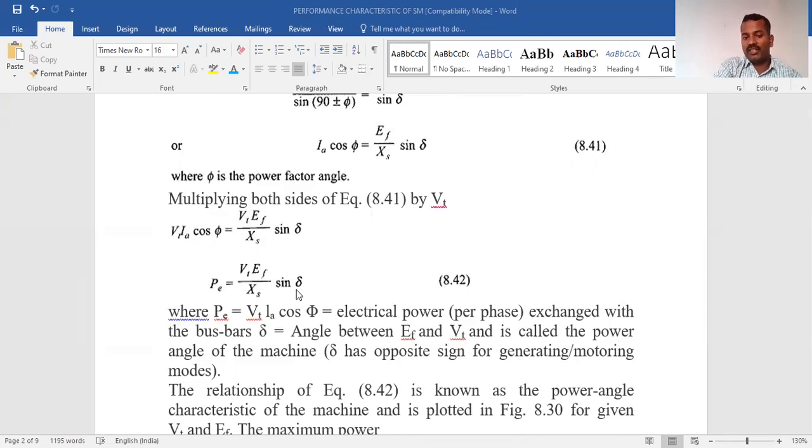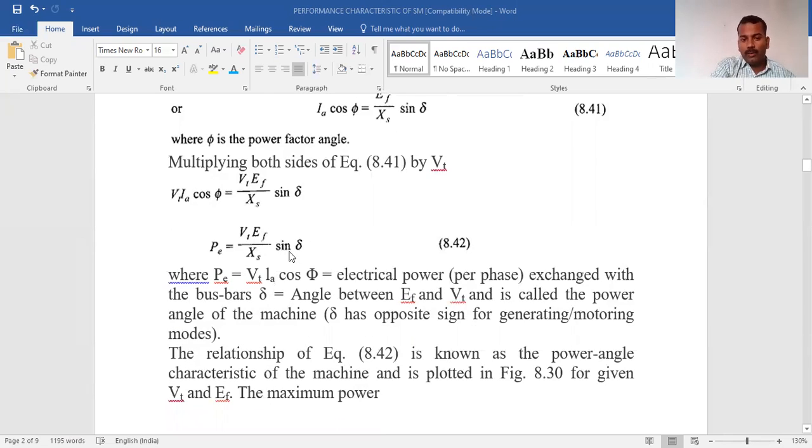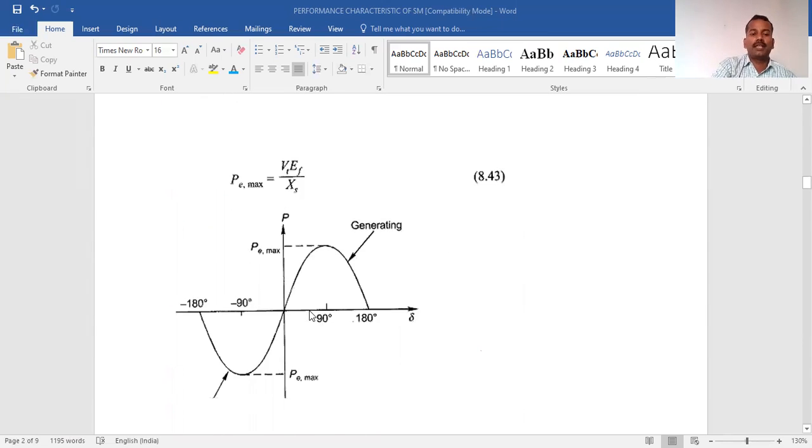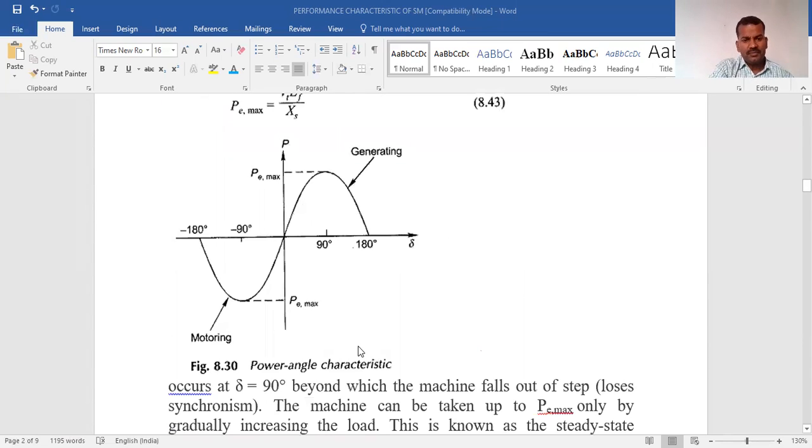From the stability point of view, this angle delta varies from 0 to 90 degrees. If delta is positive, it will work in generating mode, and when delta is negative, it will work like a motor. You can understand from this waveform.